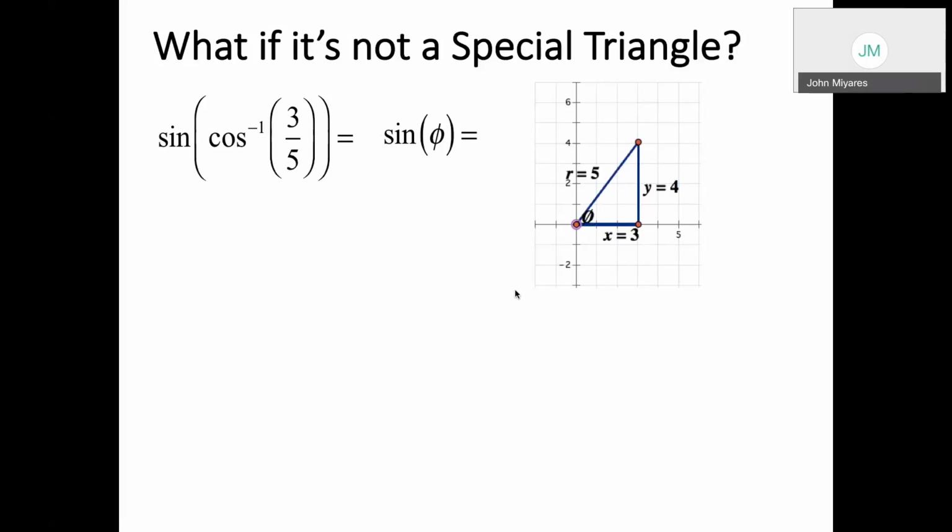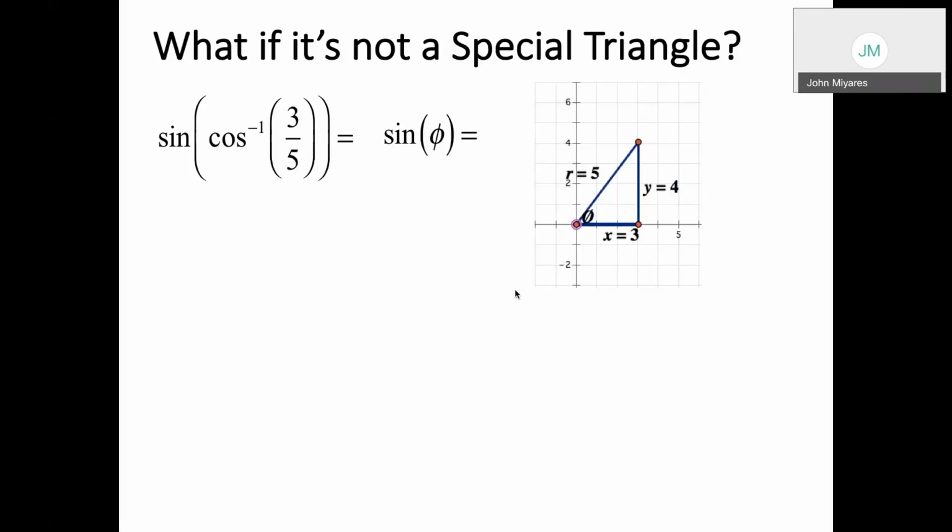Now, what makes this problem simpler than it appears is that I don't actually have to find the measure of angle phi to solve the problem. What I do have to do is find the sine of the angle, which will be the ratio of the opposite side to the hypotenuse.